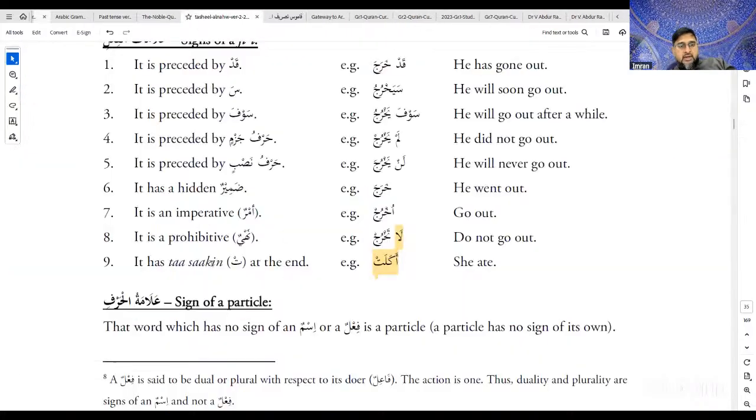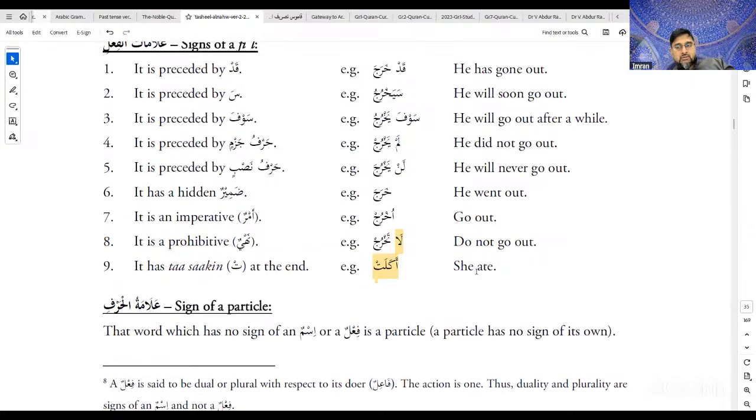This ta is also called ta'ut ta'nis or ta mabsuta. Ta mabsuta means a ta which is flat, and ta ta'nis means a ta for the feminine. This ta'ut ta'nis has two names: either the flat ta or the ta for the feminine. Of course, as you can see in the translation, akalat, she ate. Okay.